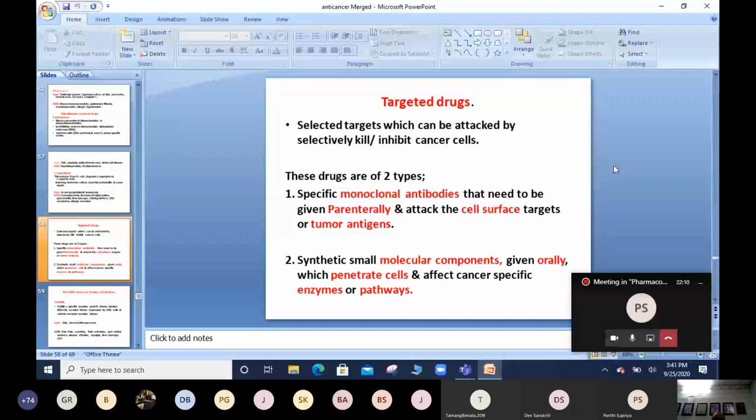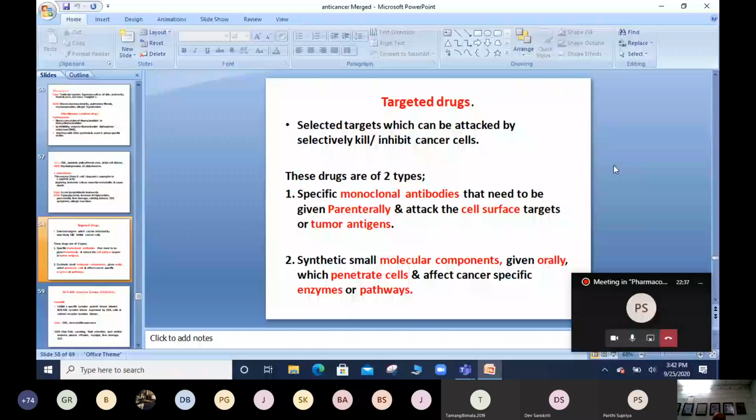These targeted drugs are of two types. One is monoclonal antibodies. These should be given parenterally, intravenously, and then they will attack the target. Where is the target?